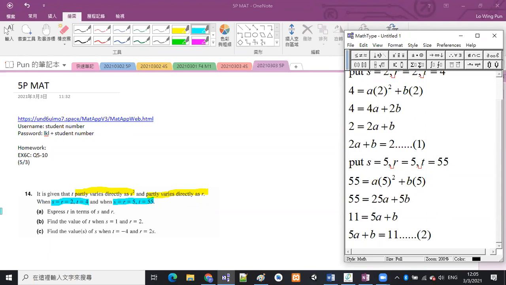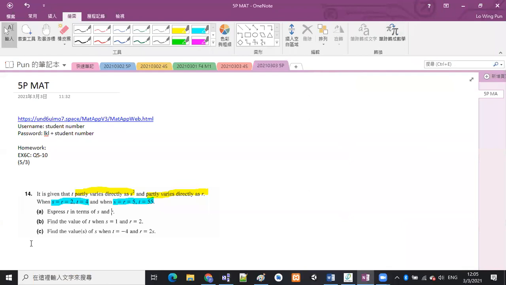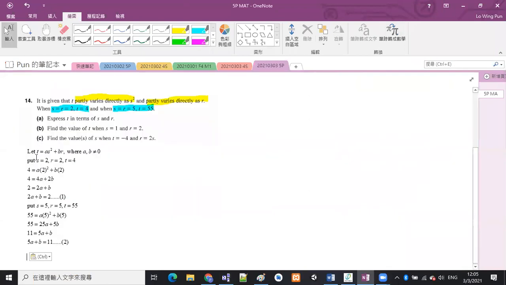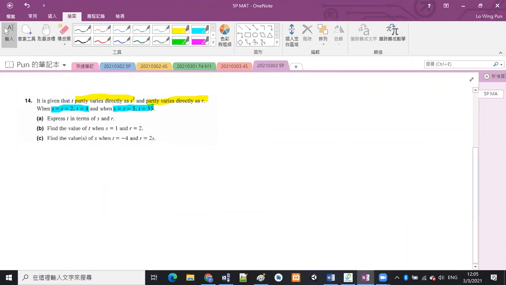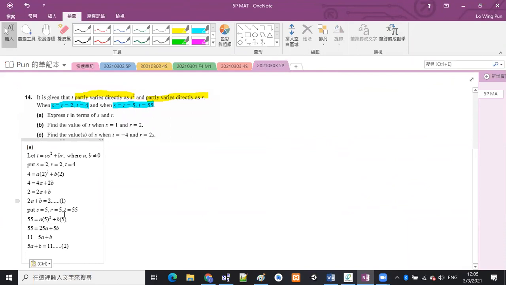Okay, so let me paste the solution here first. Okay, and then when you look at the equation, we found that the b terms are exactly the same. So we do not need to multiply numbers to the equation.